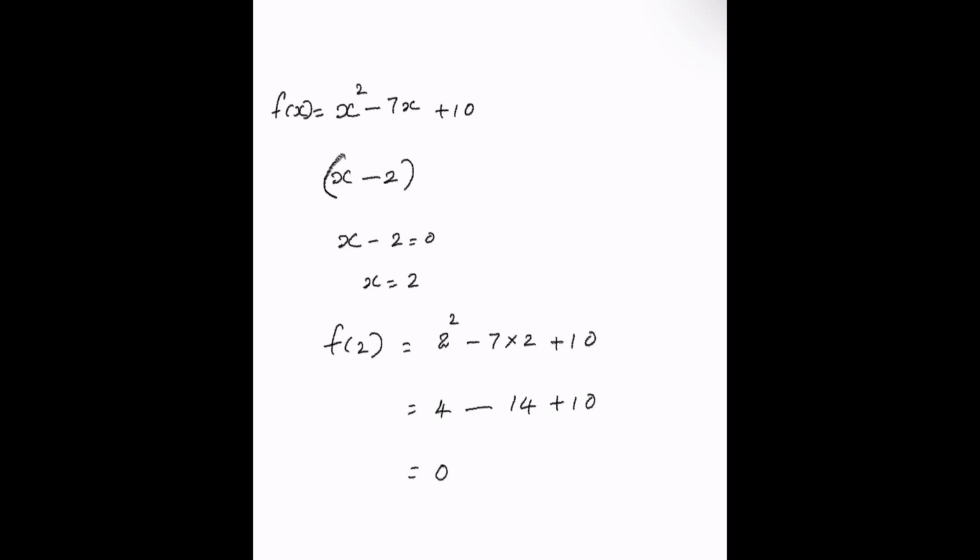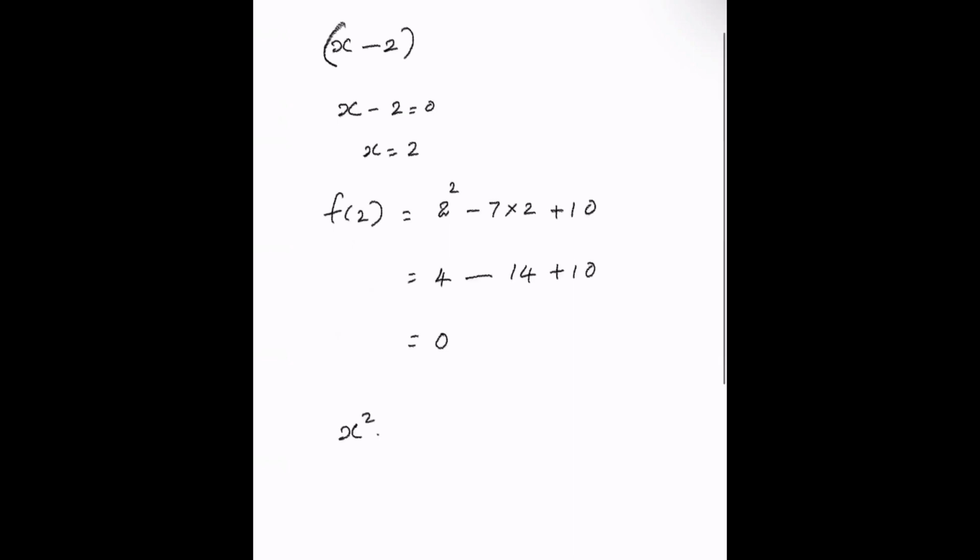Now, today what you're going to learn is, if x minus 2 is a factor of this polynomial, what is the other factor? How will you find out the other factor? What are the factors of x square minus 7x plus 10? You have learned factorization last year. See, x square minus 7x plus 10 equal to 0.